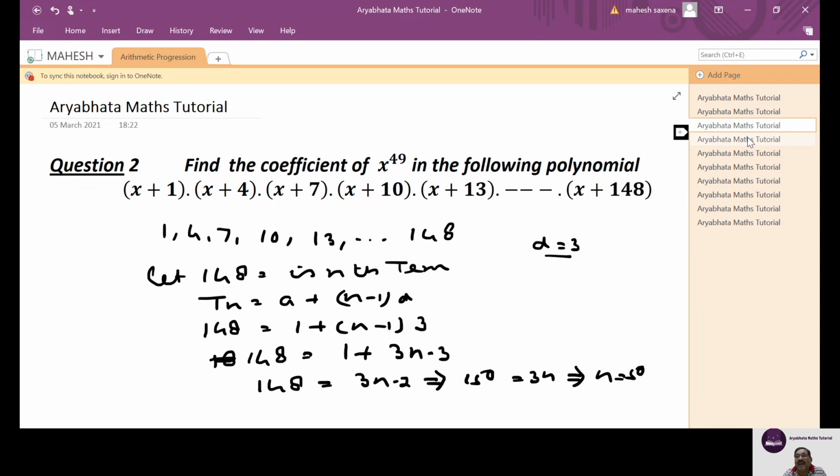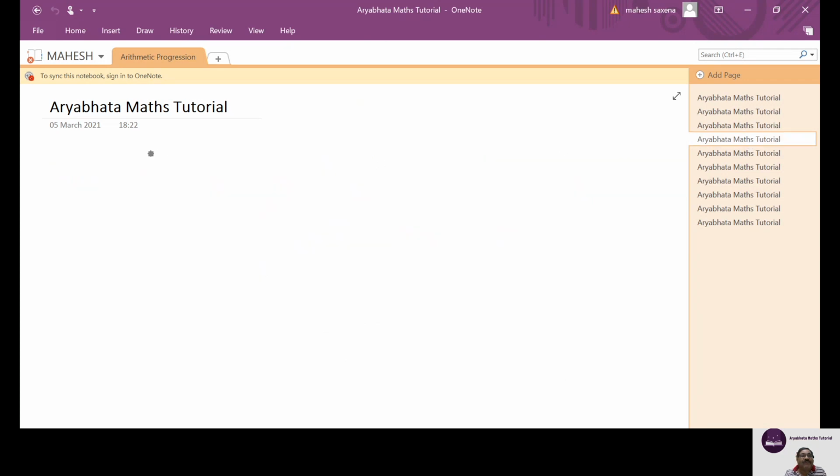Therefore, their product will be like: the first term will be x to the power 50, the second term will be the sum of constants into x to the power 49, and so on.